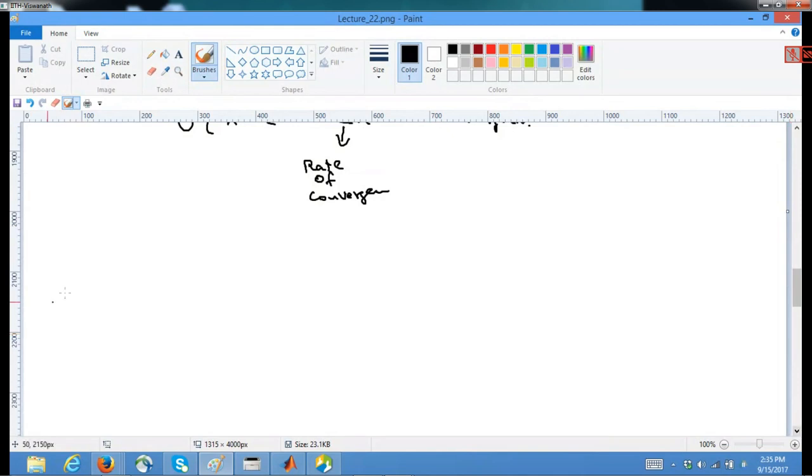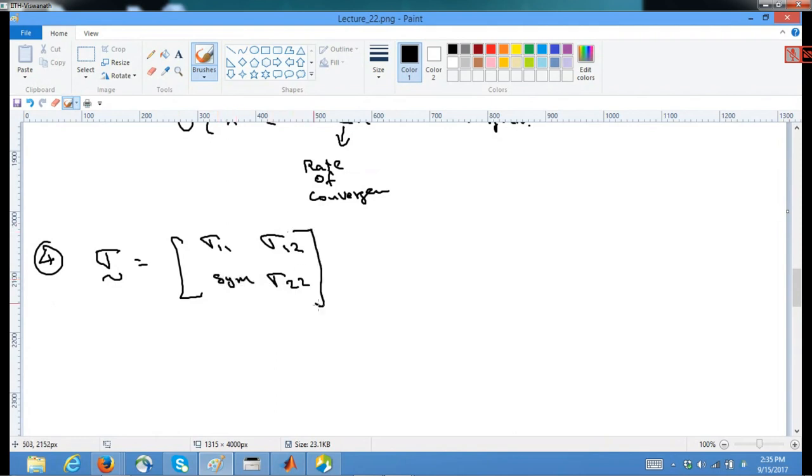So later what I did is given by sigma 11, sigma 12, sigma 22, symmetric because of angular momentum balance being satisfied by default for materials with no body moments.